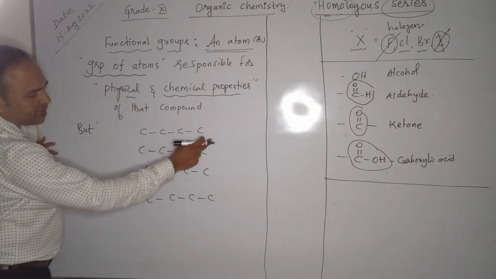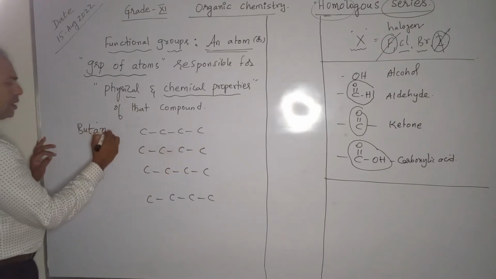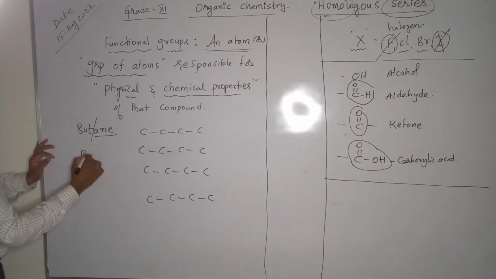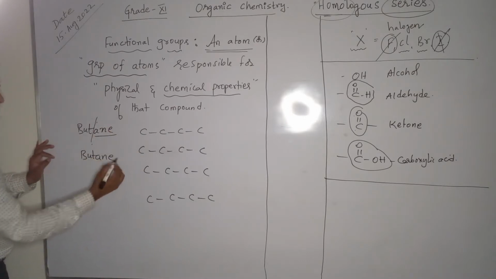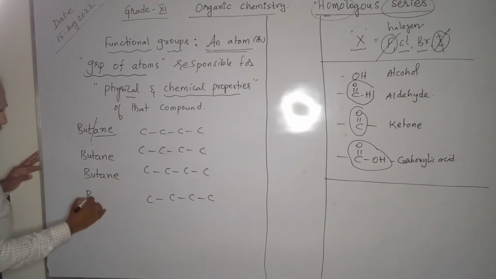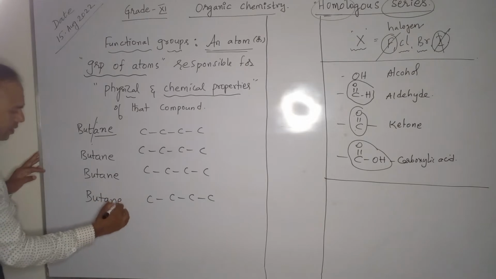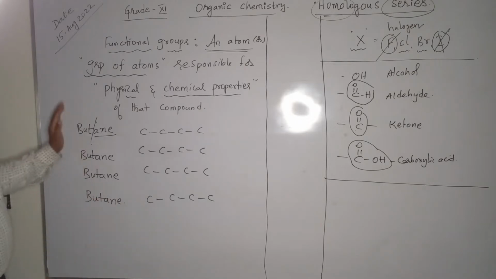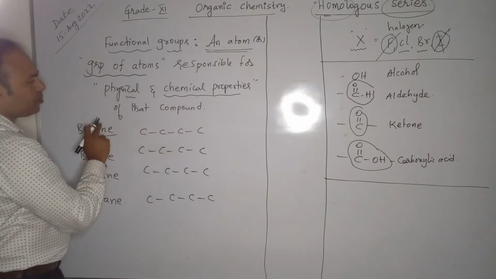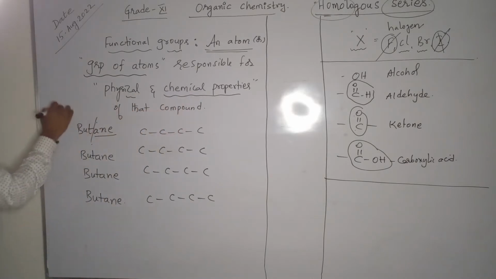Single bond between the carbons, you know that is ANE, alkane. So we have to write butane. Second one is also butane. Third one is also butane. Fourth one is also butane. Fine. So this is nothing but nomenclature, which is responsible for physical and chemical properties.